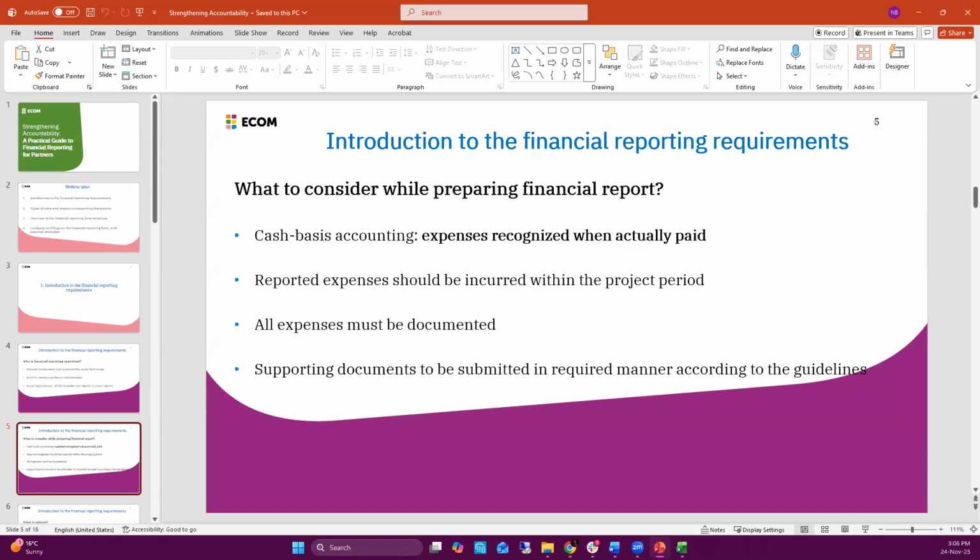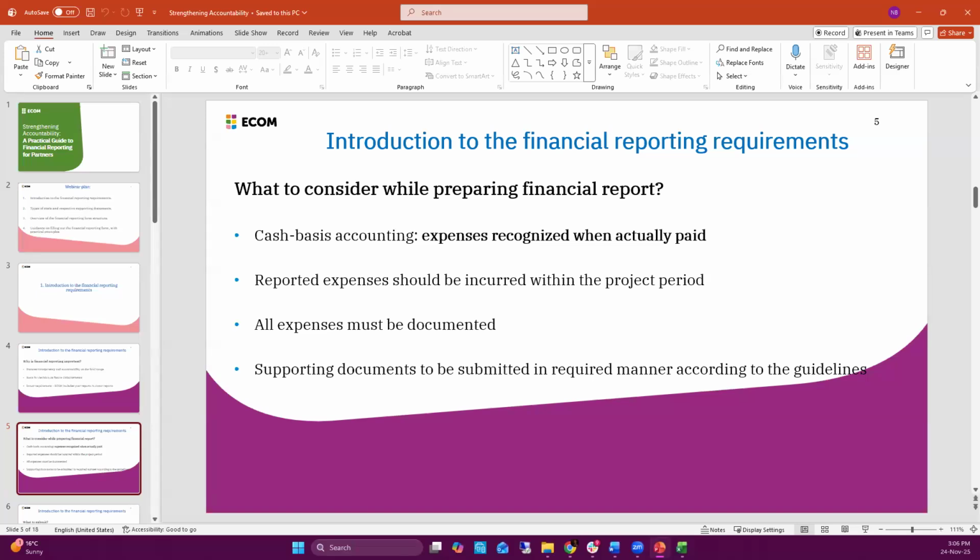Reported expenses should be incurred within the project period. This means that any payments which fall outside this timeline cannot be considered eligible.